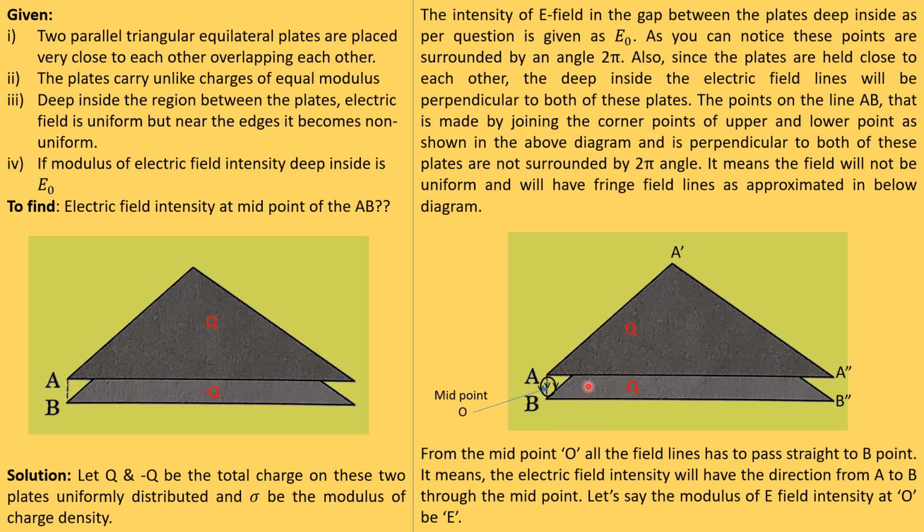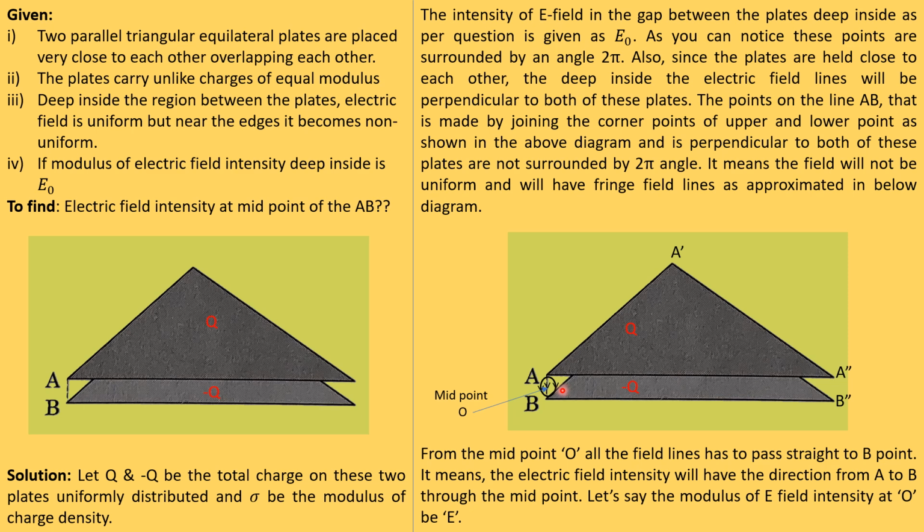Now the question is, deep inside we know that the electric field intensity is E naught as per the question. How to get the field over here at O? So what we will do, we assume that this one pair of plates has a contribution of E modulus of electric field intensity at this point.